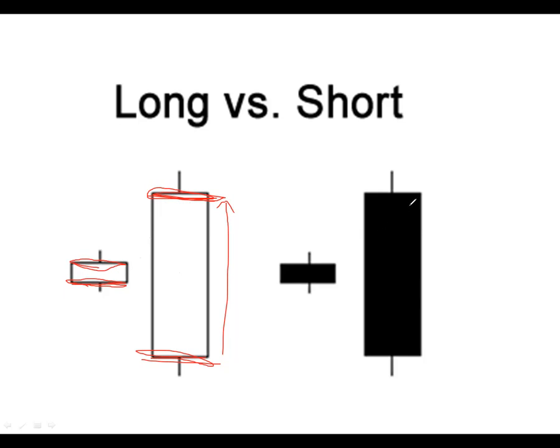Now, when it comes to the black candle, it means the market opened at the top. As for the sellers, always the market opens at the top, and then it made its way all down, then came back, retraced a bit, and then closed here. So you see this candle opened here, and then it closed here.